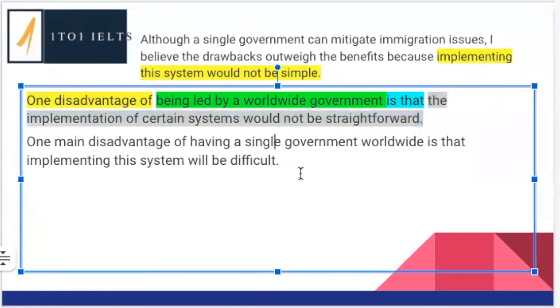Very impressed that everyone managed to completely reword this second part and keep the meaning the same. So well done. So we've got another really good topic sentence here.